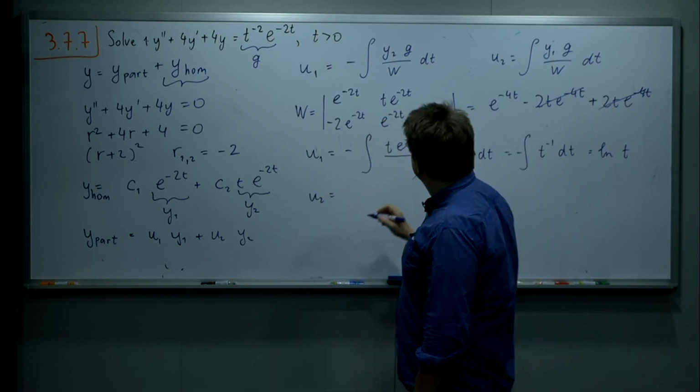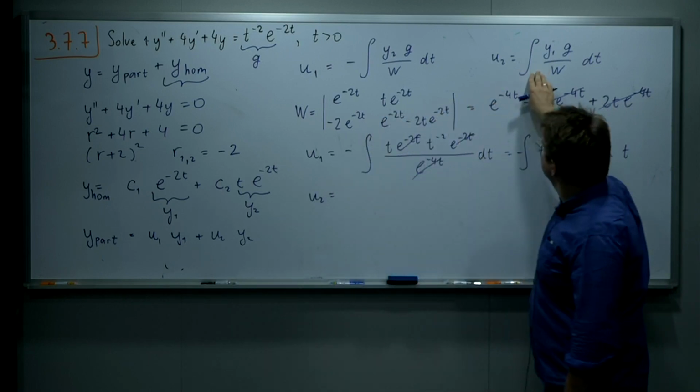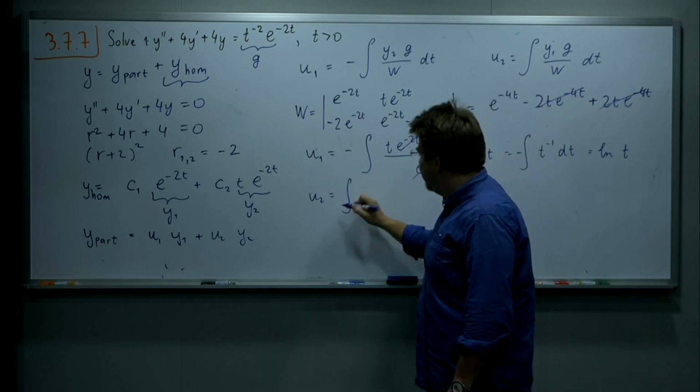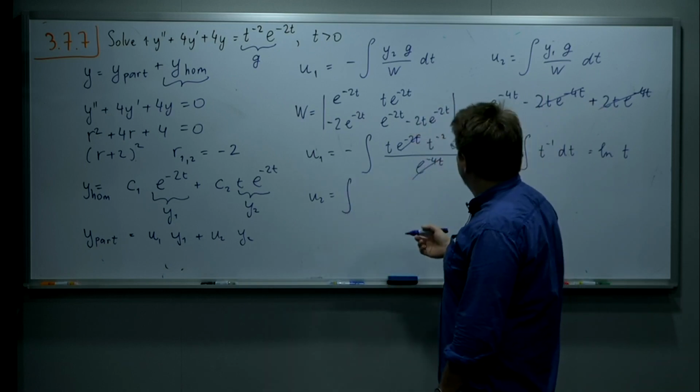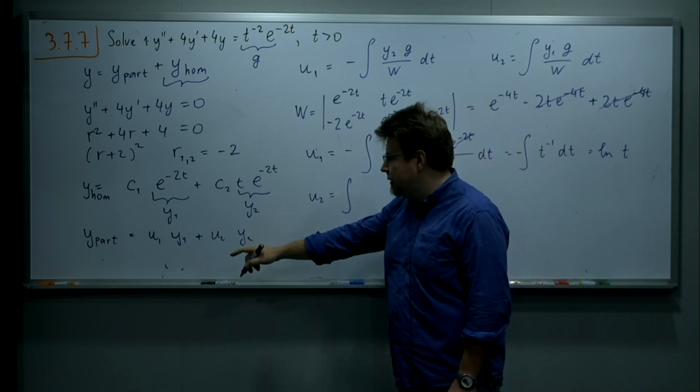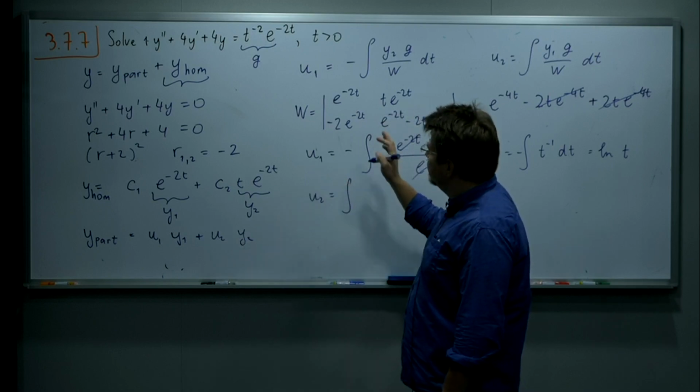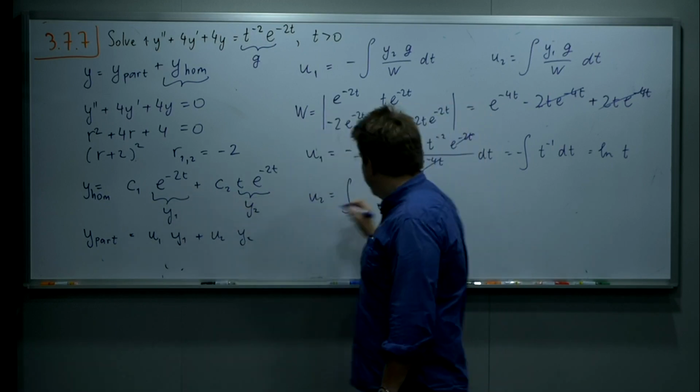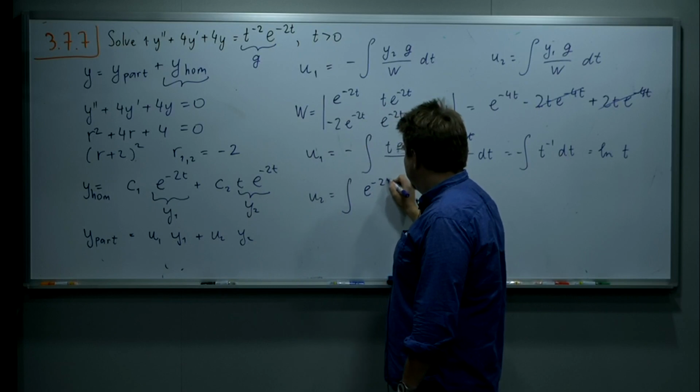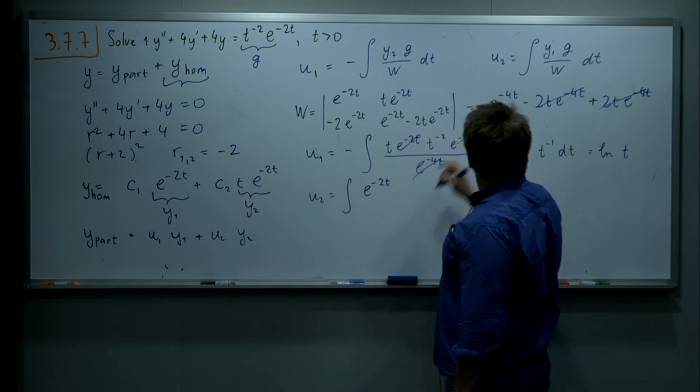u2 is going to be calculated according to a similar formula. So this is the antiderivative of y1. Our y1 is e to the minus 2t, then times g.